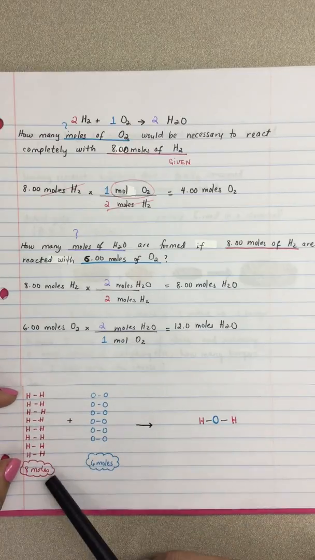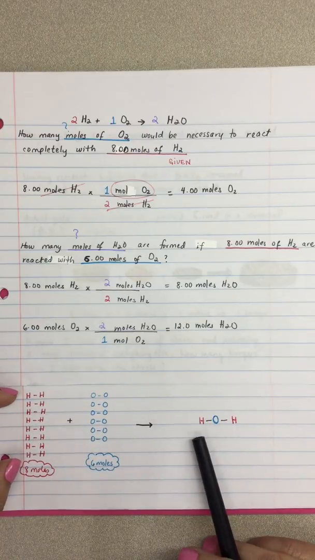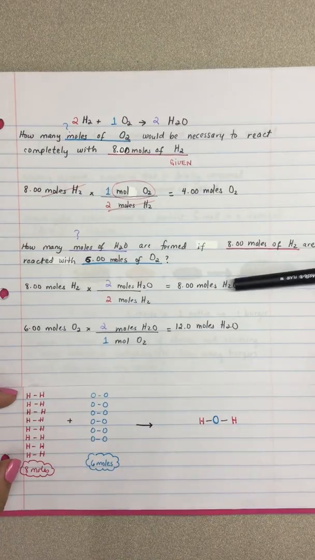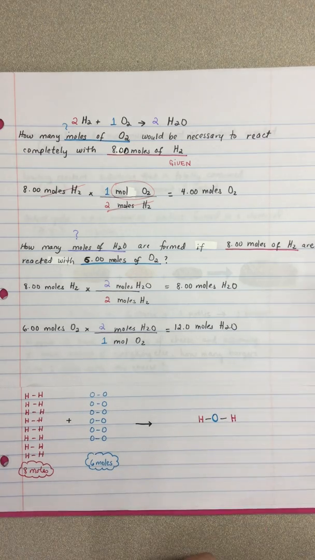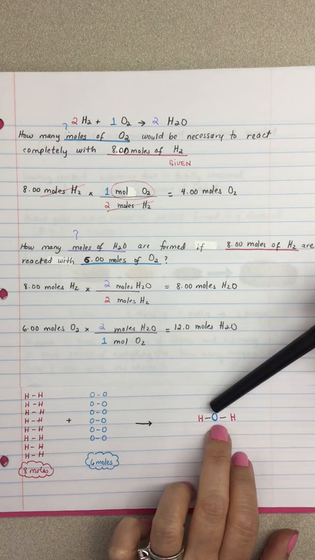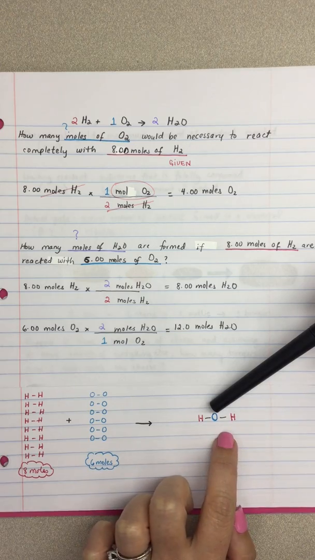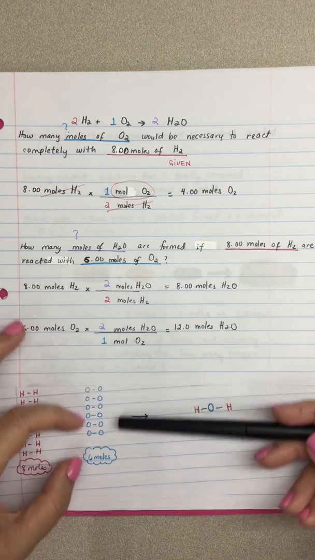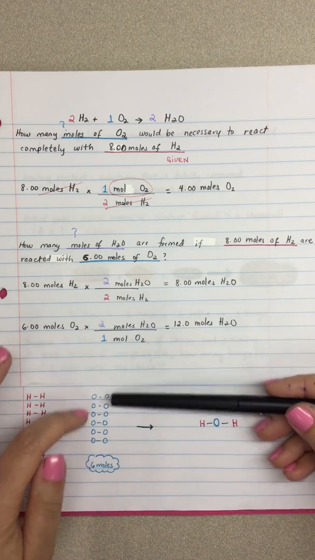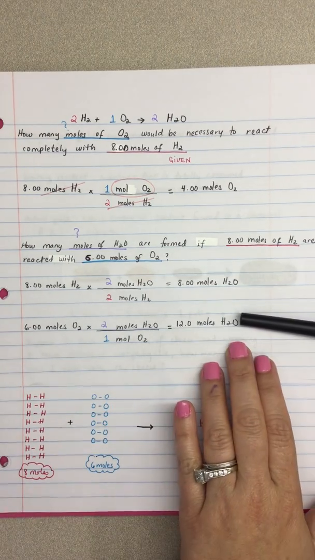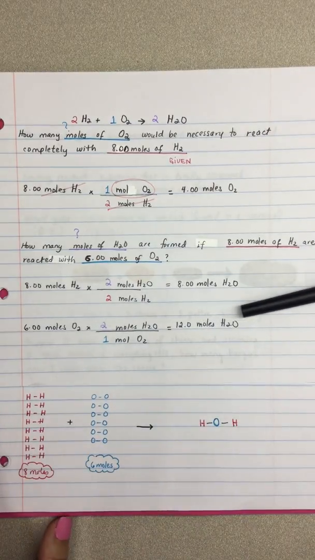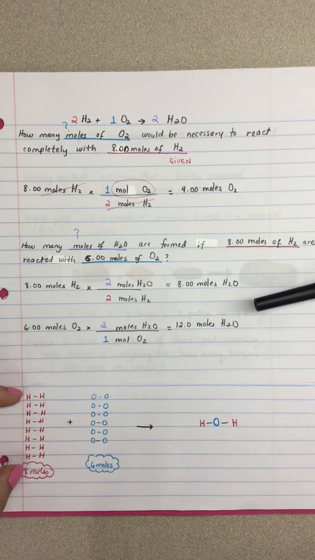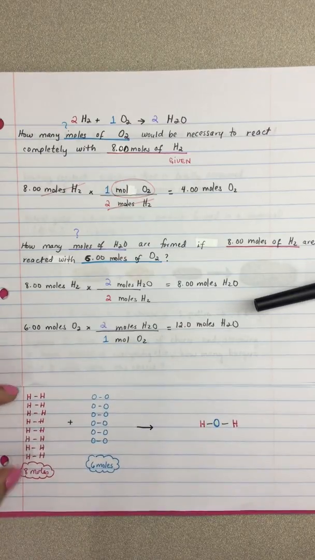With 8 moles of hydrogen, you can actually get 8 moles of H2O, which is what you calculated here, because in every molecule of water you need 2 hydrogens. Now, with your oxygen, every water molecule contains just one oxygen atom. So you have 12 oxygen atoms here, which means that with these 12, you can get actually 12 water molecules. But to get 12 water molecules, you need more than the amount of hydrogens that you have.